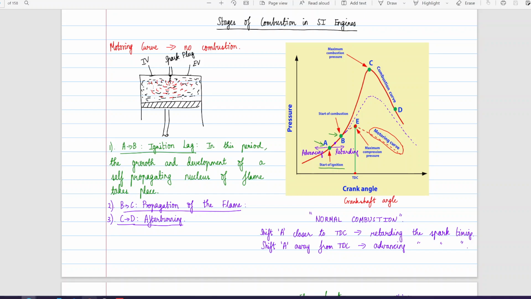At point B, the combustion starts. This point E is where we reach the top dead center, and from B to C, we are looking at propagation of flame. That is, the flame is moving.